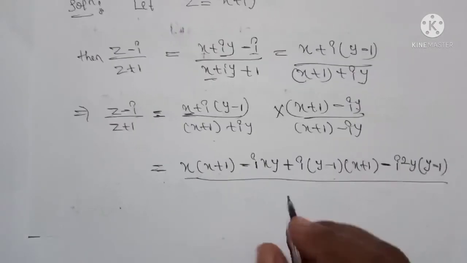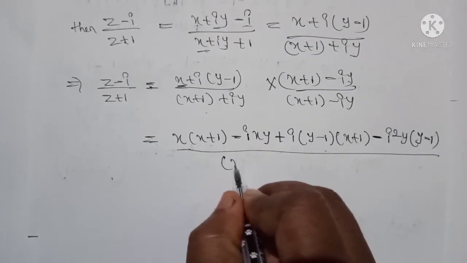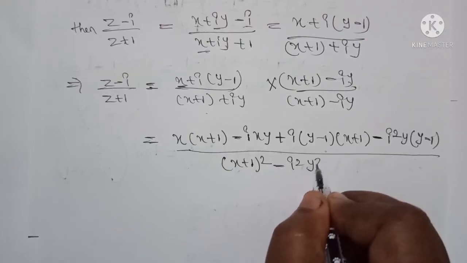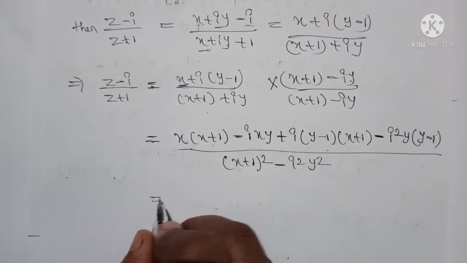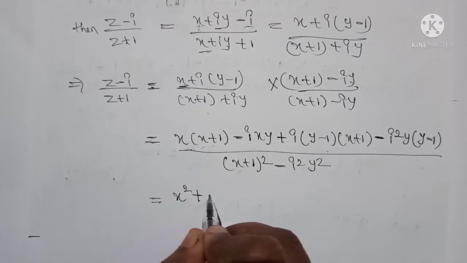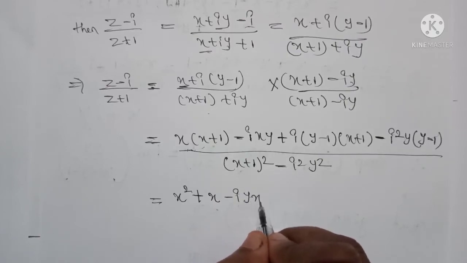The denominator again uses the formula a plus b whole squared minus b squared, that is, (x plus 1) whole squared minus i squared y squared.